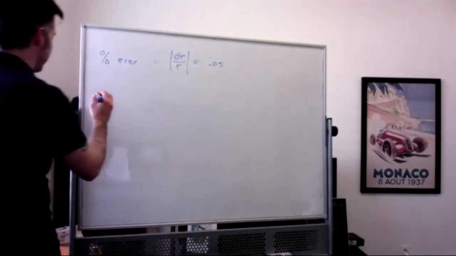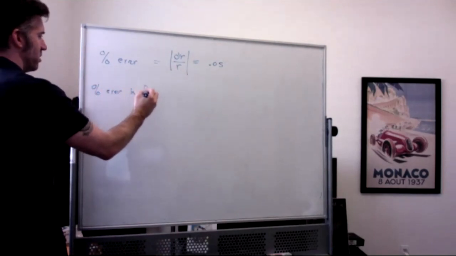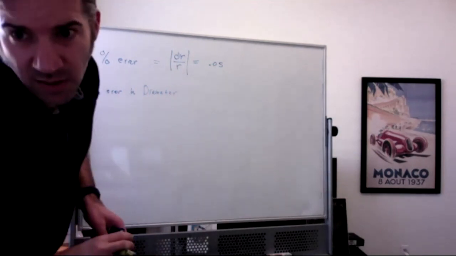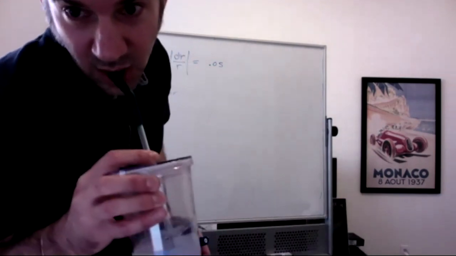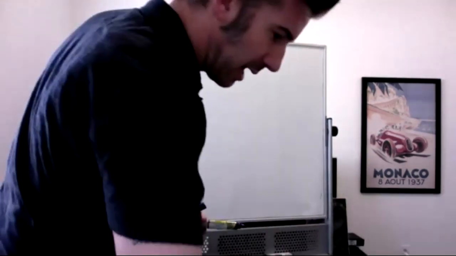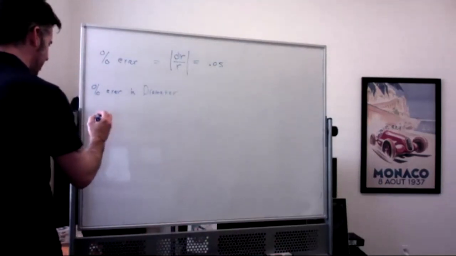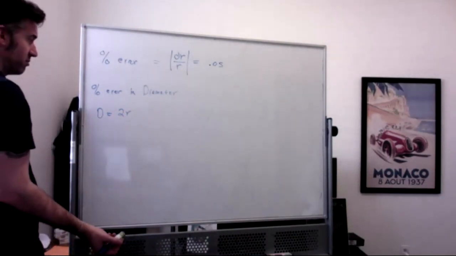So I want to find the percent error in the diameter. I said diameter, right? Circumference. And I know I said diameter. Did I mean circumference? No. Okay, so the diameter is equal to twice the radius.